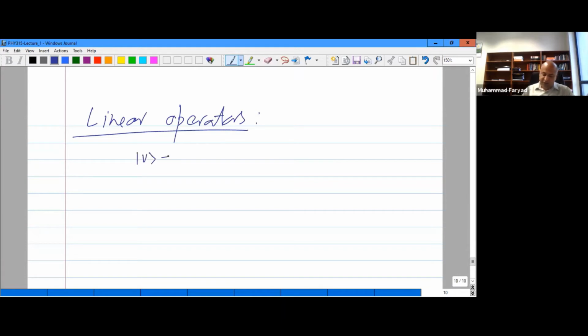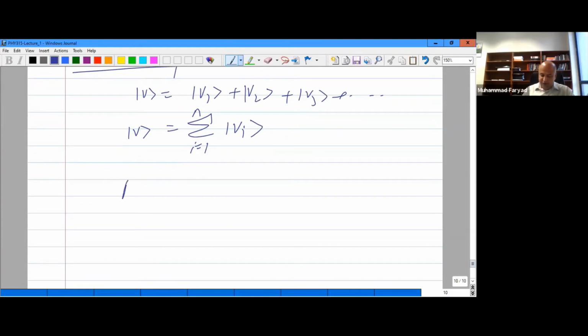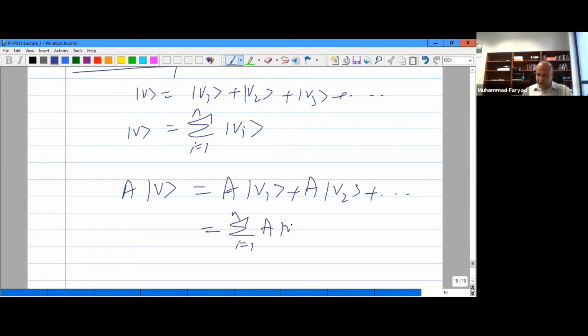So if we have a vector v, which is like v1 plus v2 plus v3 and so on, I can write it as the sum over i from 1 to n of vi. A linear operator is an operator such that if I apply it to v, it can be written as the operator applied over all the components of this vector v, so that I can write it as the sum over i from 1 to n of A vi.